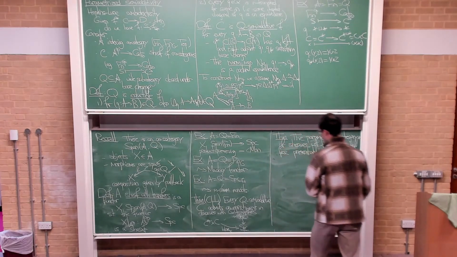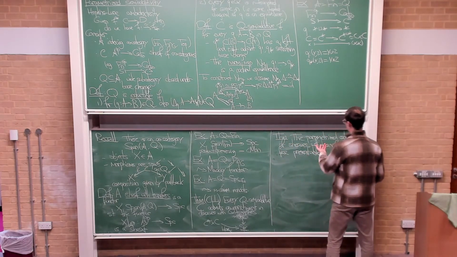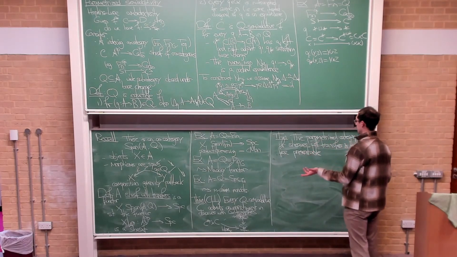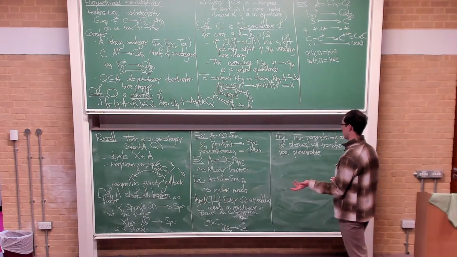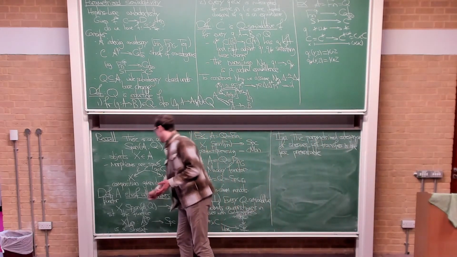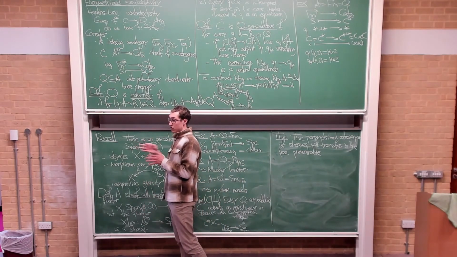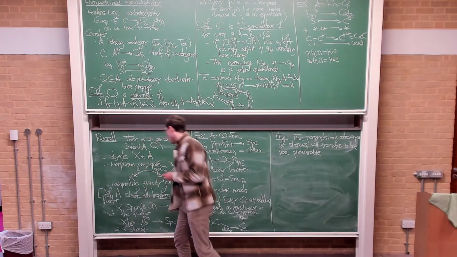So working in this setting of parametrized category theory, we can say that there is a parametrized category of sheaves with transfers, which doesn't only consider the category of these objects, but it also remembers for each slice the notion of sheaves of transfers you get on the slice of A over an object.